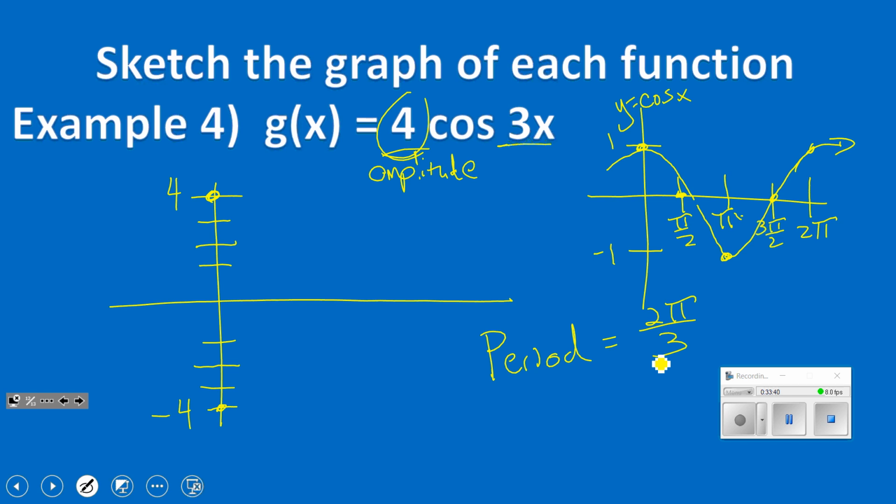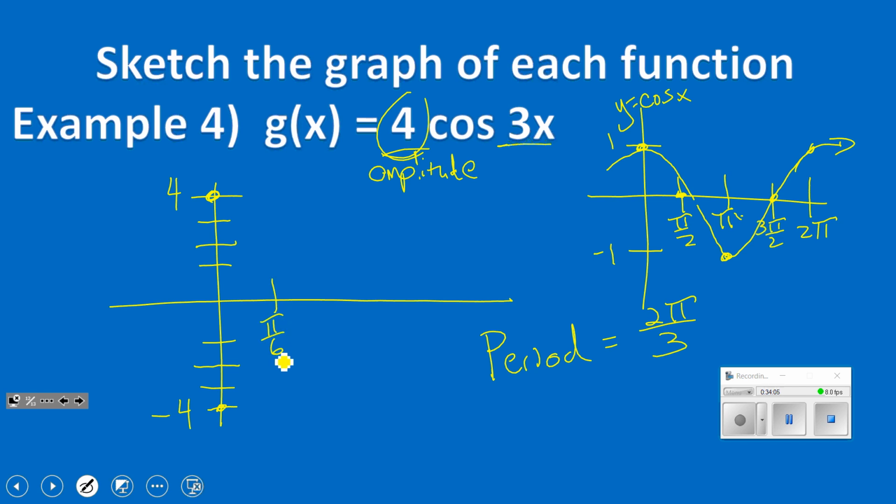Now, here's where it gets a little tricky. You've got to take 2 pi over 3, and remember how I said you've got to count by the same thing all the way across? So if this is 120 degrees, what do you think we should count by? Maybe 30s. So let's do pi over 6.